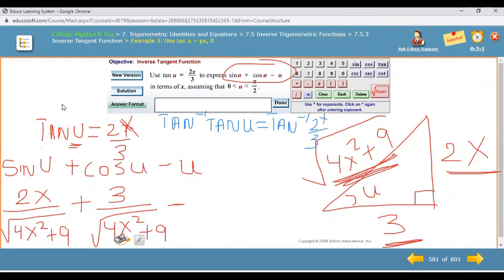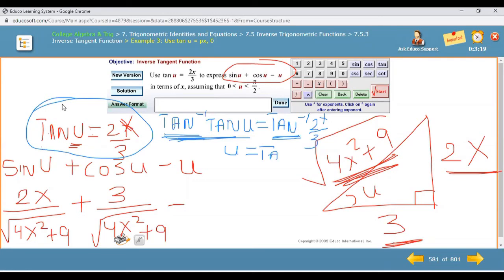The only thing I have done is I have introduced this tangent inverse on both sides of this equation. Now tangent inverse and tangent, they neutralize the effect and we are left with u. U is tangent inverse 2x over 3, and that's the answer.